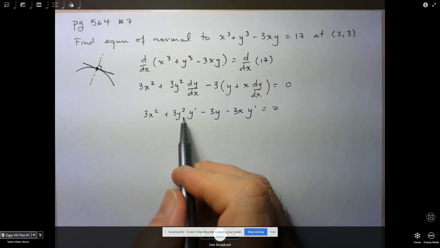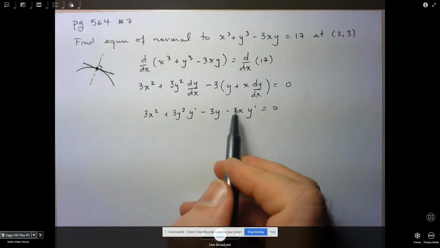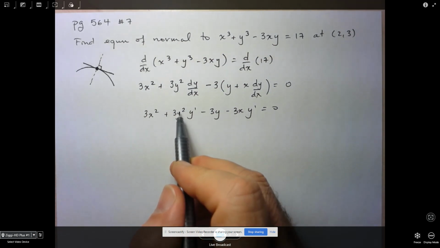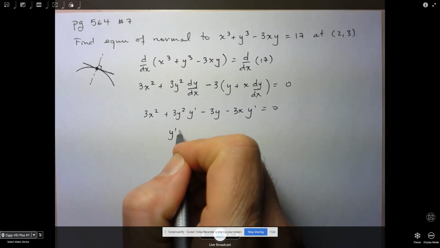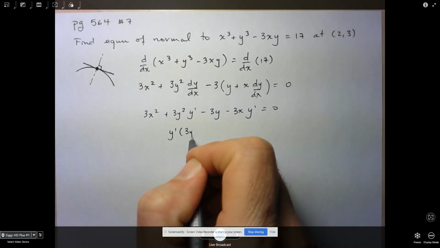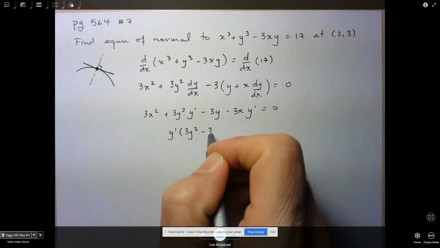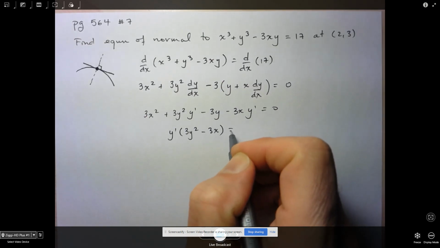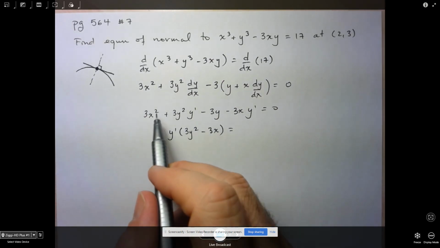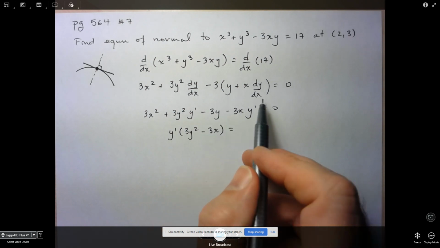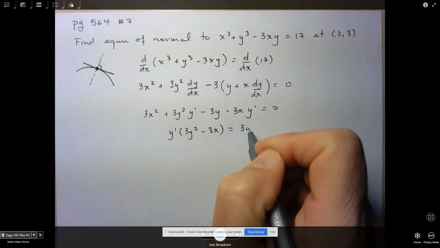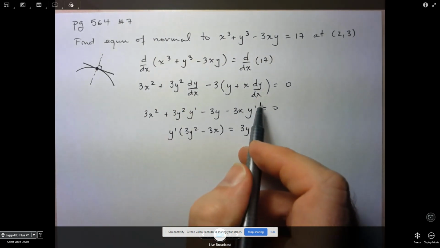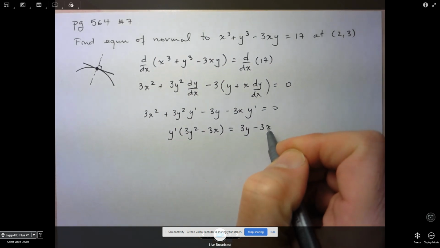I'm going to group together these two terms and factor out the common factor of y prime. So we have y prime, and then here we're left with 3y squared, and here we're left with minus 3x. And then I'll bring to the other side the terms that don't have y prime. So I'll bring this one over first to make it positive, so that becomes positive 3y, and this is going to become minus 3x squared.